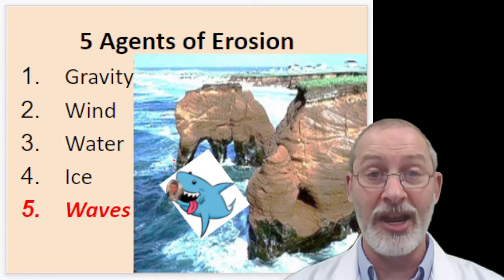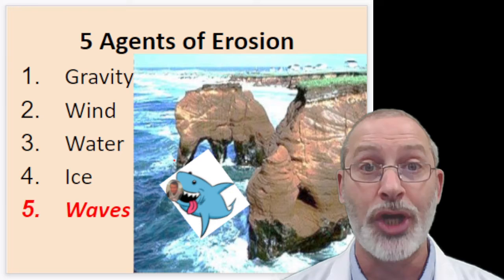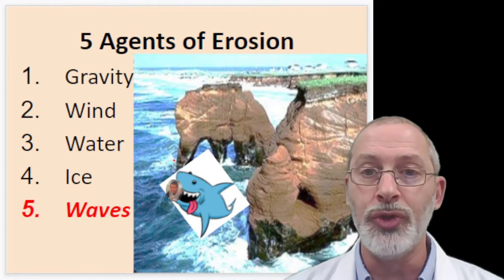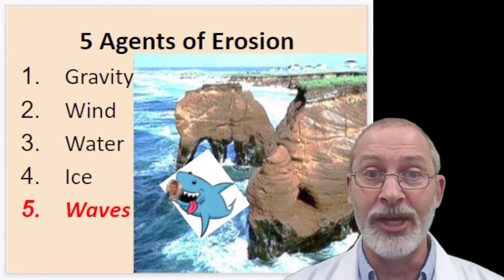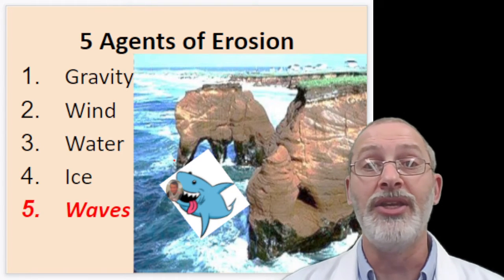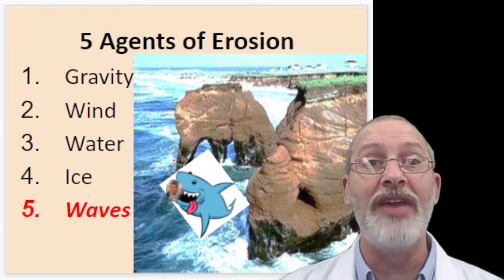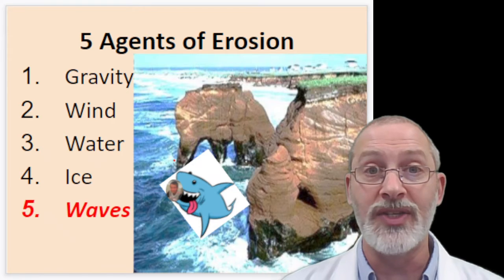There's a lot of erosion that takes place along every continent's coast, and that is due to the waves. Again, a lot of energy. In all of these 5 agents of erosion, there is always a source of energy that facilitates or causes the erosion to take place.